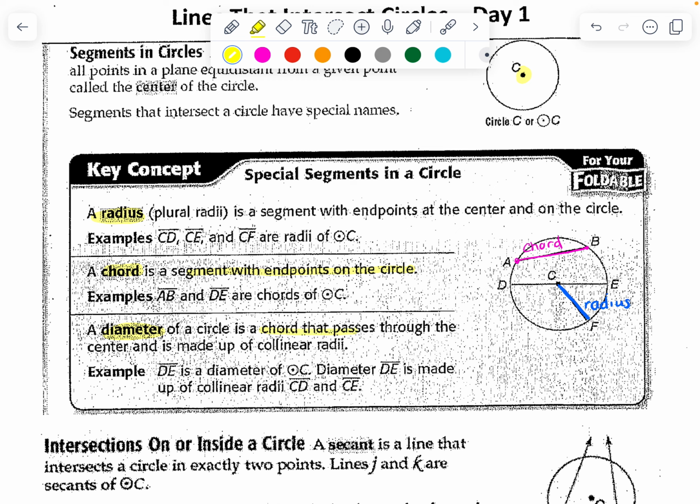A diameter passes through the center and is made up of collinear radii, so two radii that are next to each other. So this here is the diameter. I'm pretty confident that you have seen all these terms before, as I've taught these to my middle schoolers, so I'm sure you've seen them in middle school or even before that.